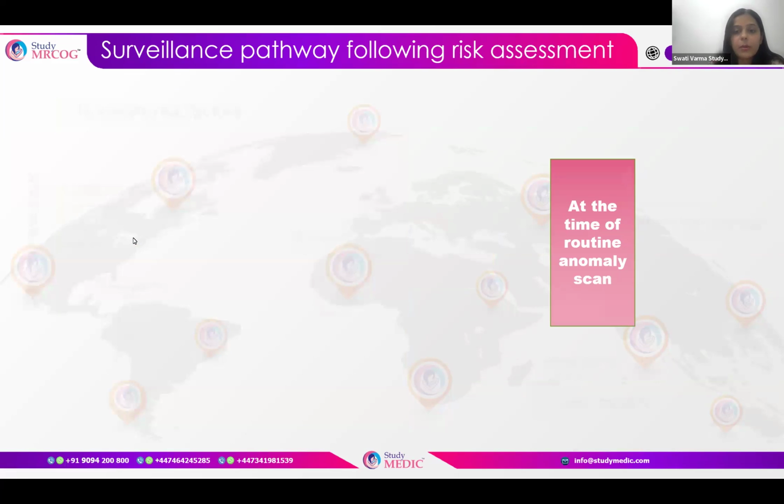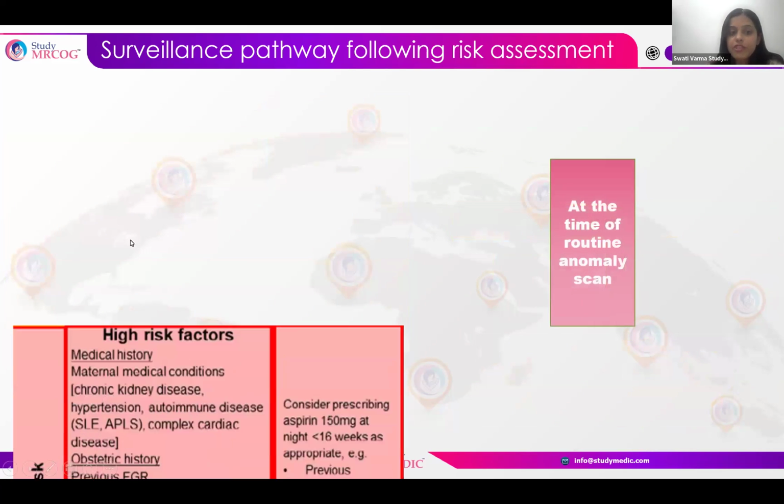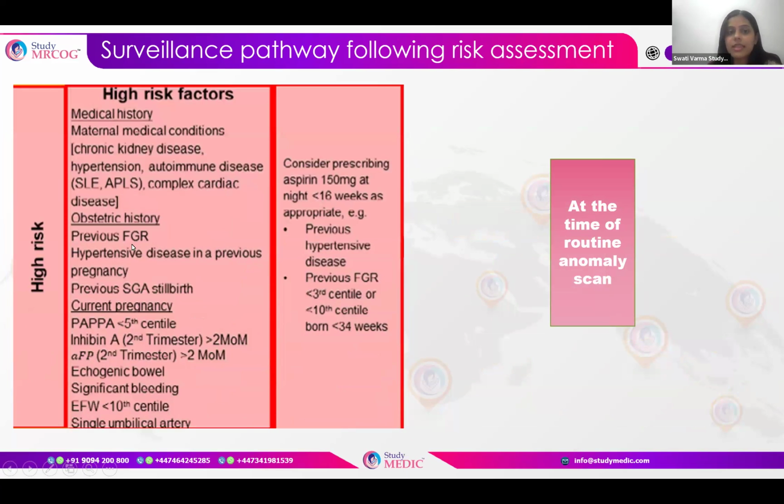Here, in moderate risk factor, it was previous SGA. Here it is previous FGR, that is less than 3rd centile with or without placental dysfunction, and hypertensive disease in a previous pregnancy, or previous SGA stillbirth. Appropriate for gestational age stillbirth is moderate risk, but small for gestational age stillbirth comes in high risk.